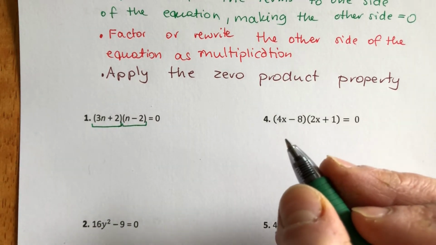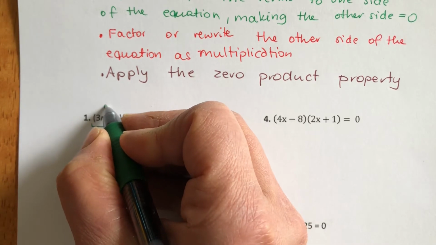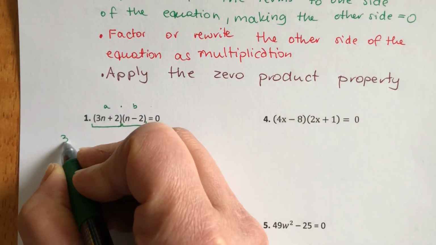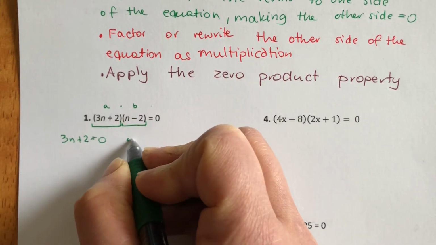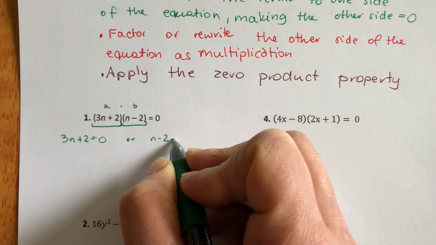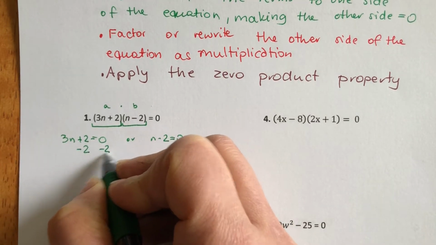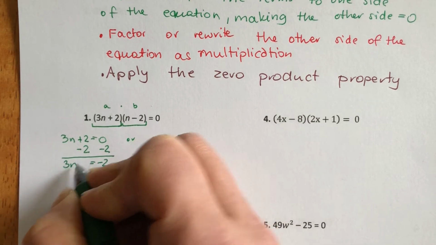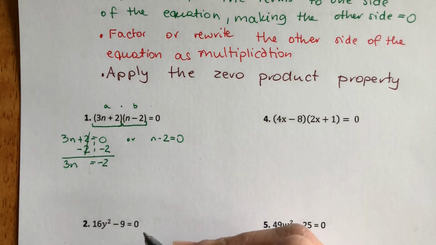And then lastly, we are to apply the zero product property. So think about this as this is your A and this is your B and this is multiplication. You want to make 3n plus 2 equal to 0 or n minus 2 equal to 0. Let's solve this. Minus 2 from both sides. This is gone. I did this to both sides of the equal sign.